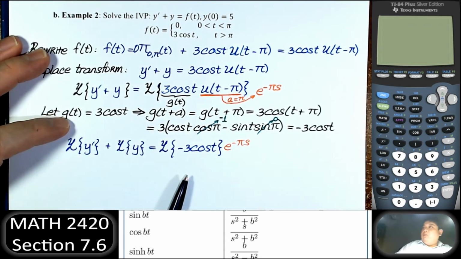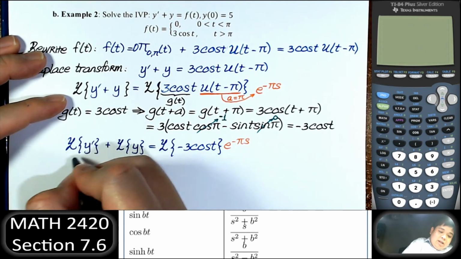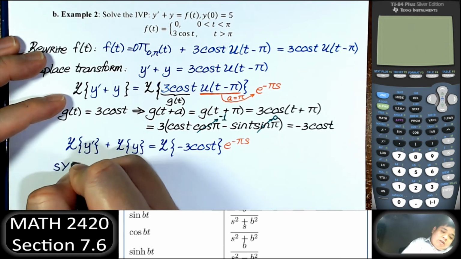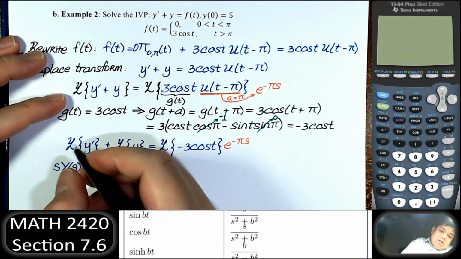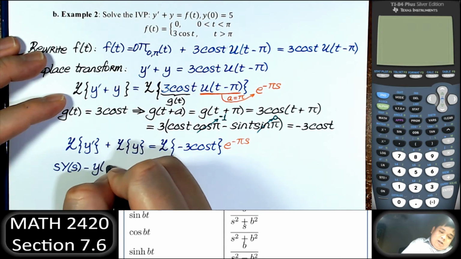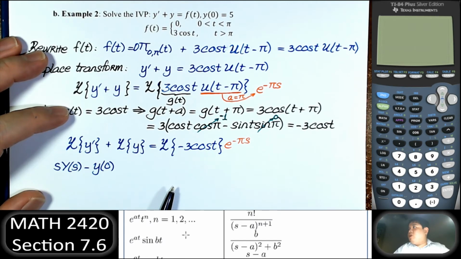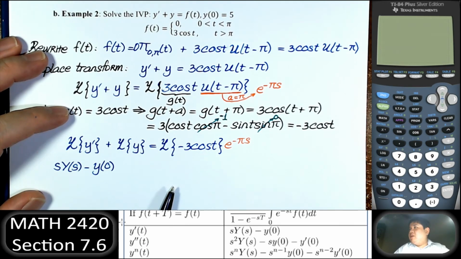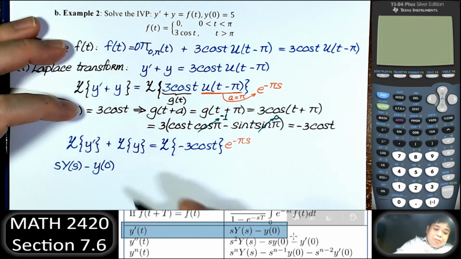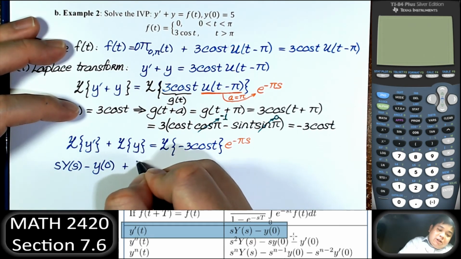The transform of the derivative is going to be s times Y of s minus the initial value. That's what we use, plus the transform of the function.